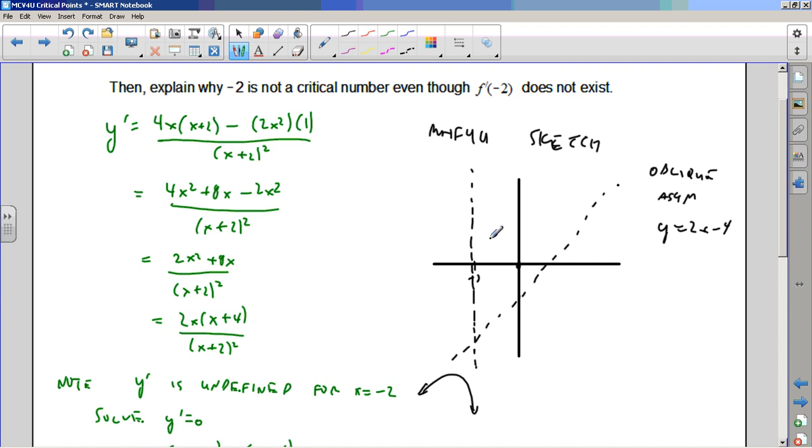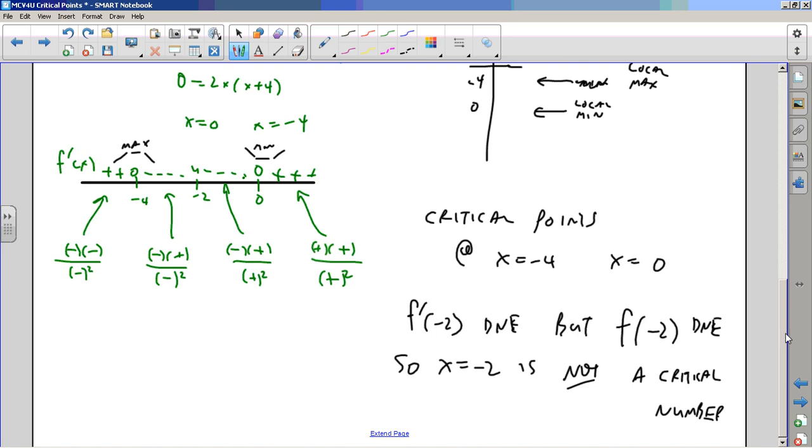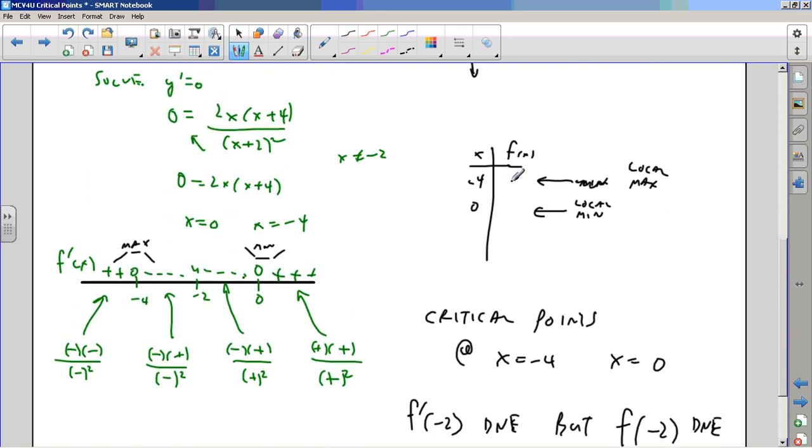Oh yeah, this is the sort of function's way. Well, what have we added? We know that a maximum occurs here and a minimum occurs there.